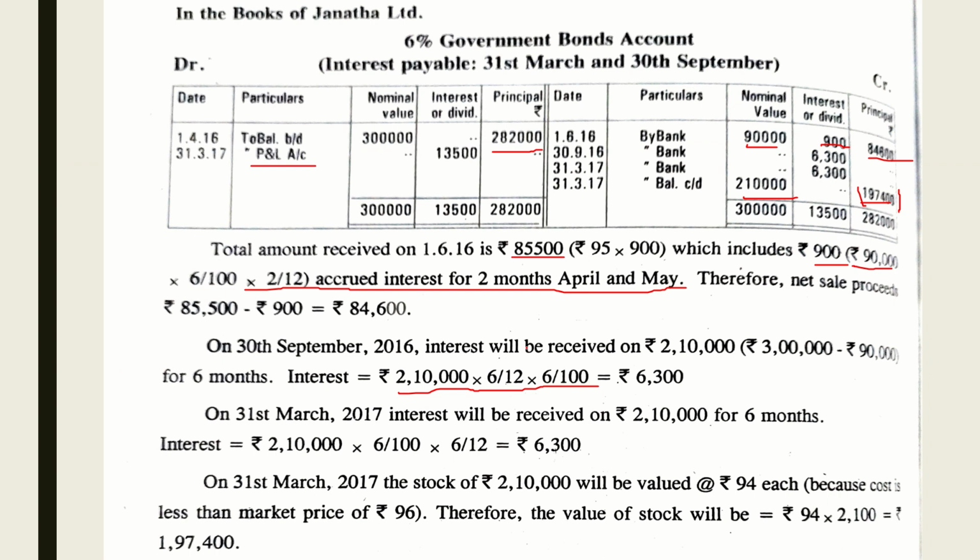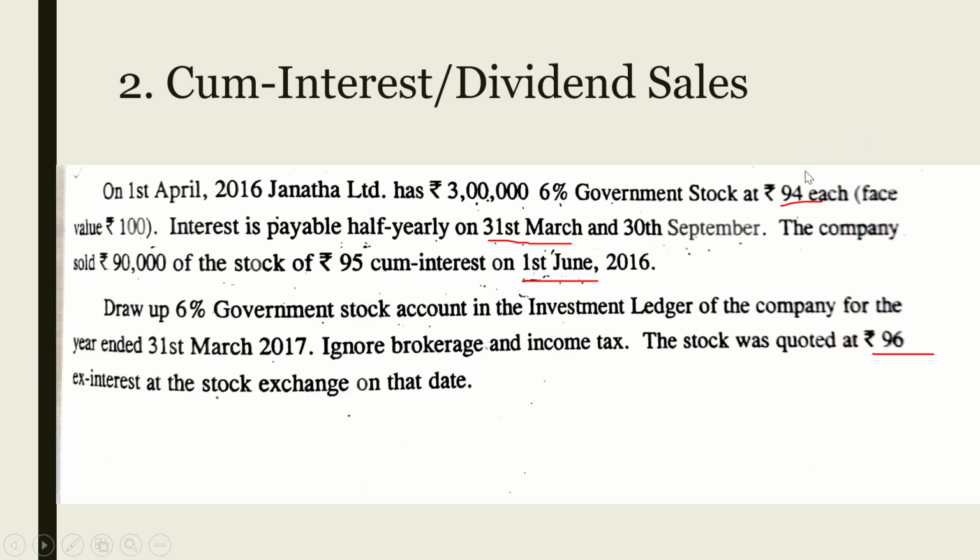So that is regarding the cum interest sales adjustment. I hope you are clear about the sale cum interest, purchase cum interest and sales adjustment. Now look whether there is a possibility of profit on sale. 90,000 were sold.